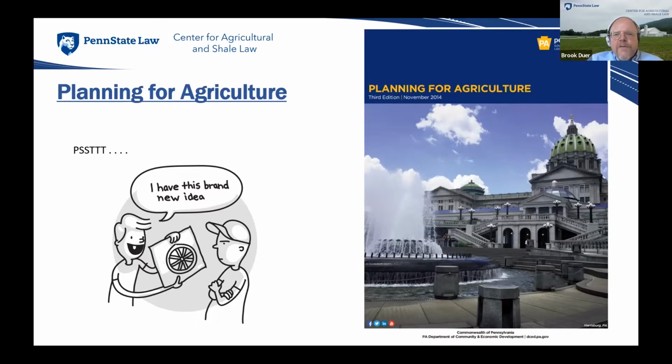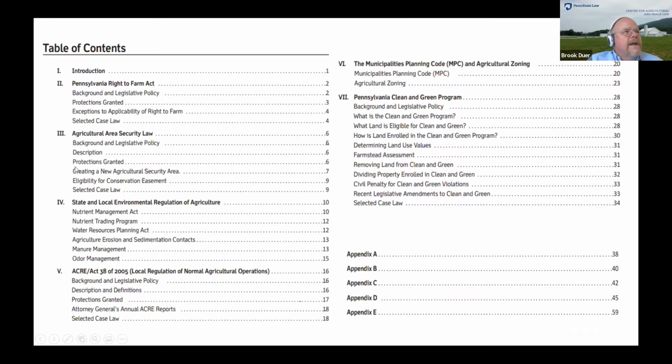So you'll see from the table of contents that much of what is in this document is in fact the things that we're going to talk about between today and particularly the next session in July. I didn't even know of this publication when we planned out these two webinars, but it just so happens that the same collection of statutes and provisions regarding ag uses were collected here.